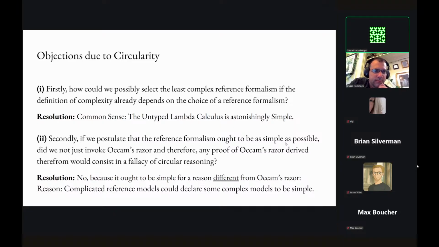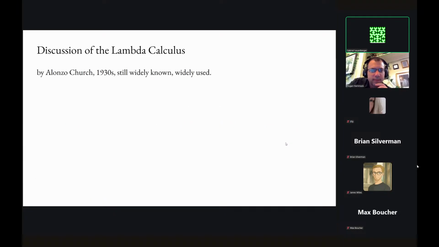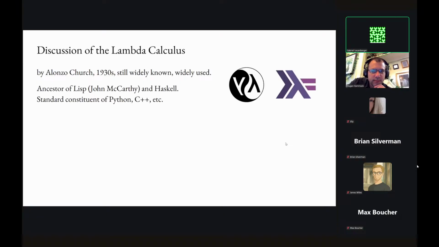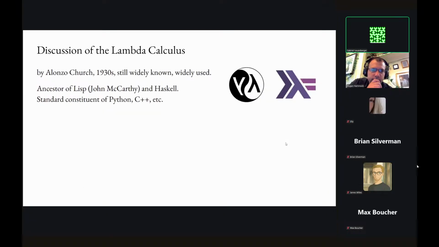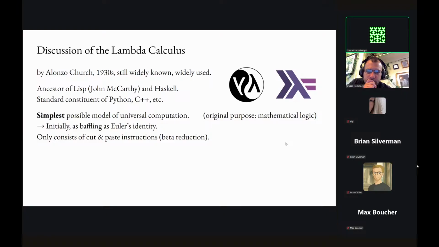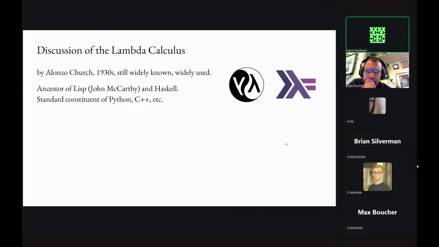Now the lambda calculus is quite old and also famous, widely known, widely used. It's also an ancestor of some modern languages, and it appears within C++ and Python and all that. I think every computer scientist knows what lambda calculus is, but most physicists don't.